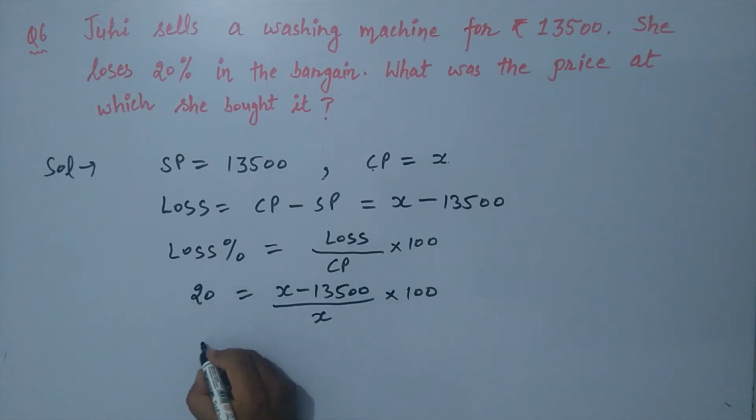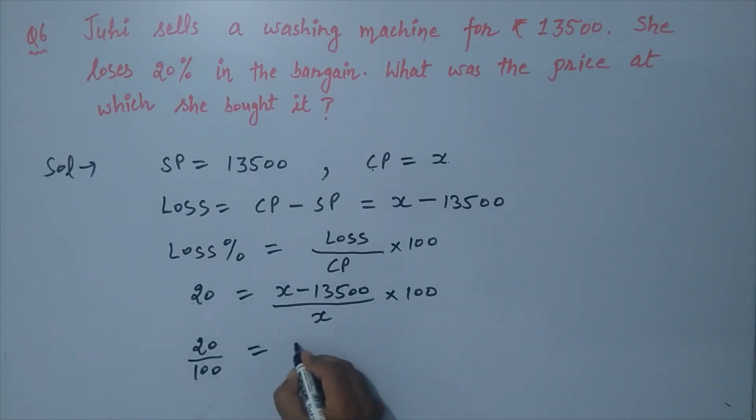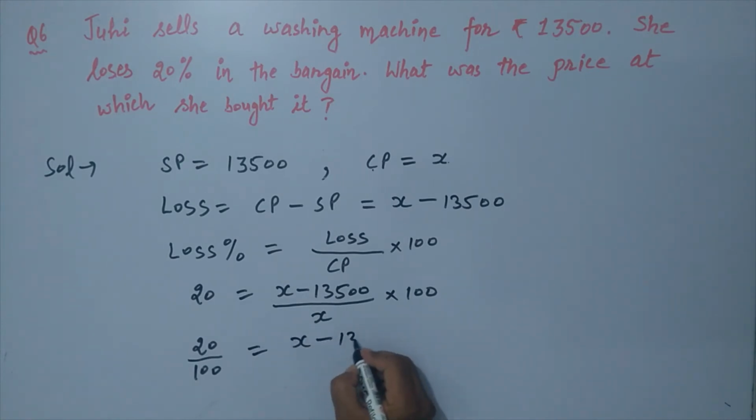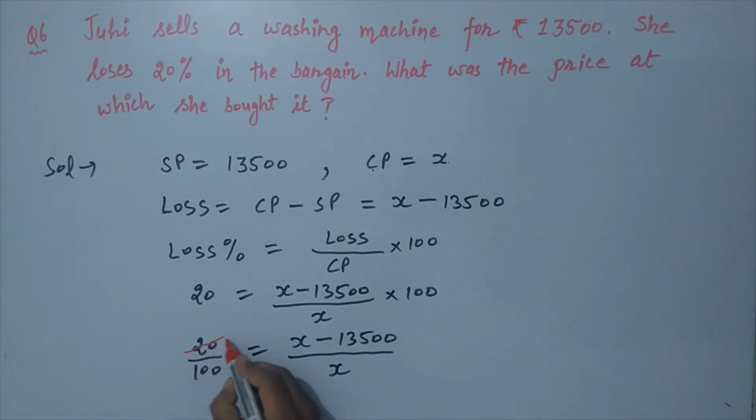So this becomes 20/100 equal to X minus 13,500 divide X. Now 21s are 20, 25s are 100.